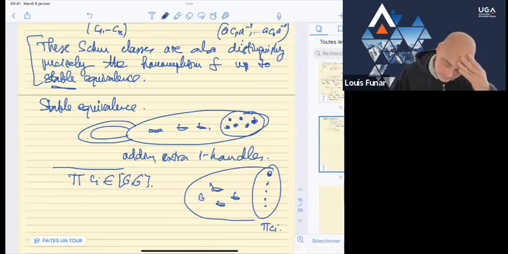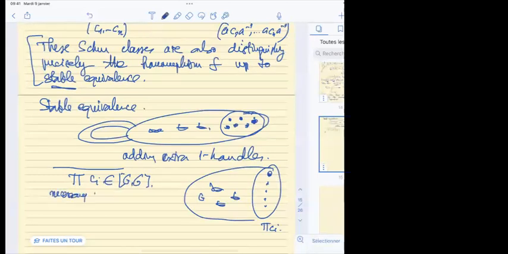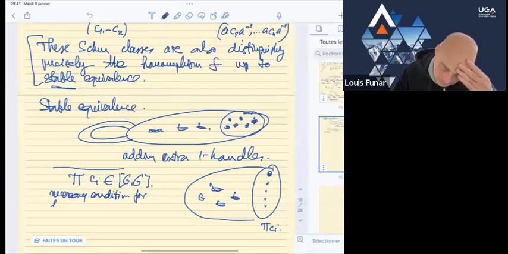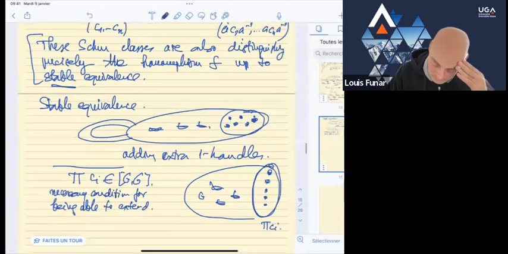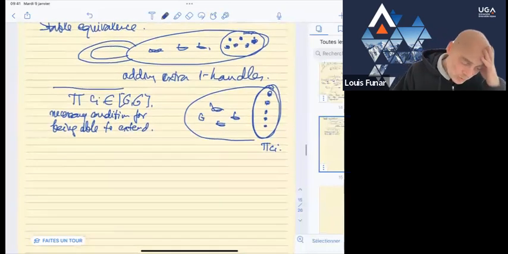Okay, so this is a necessary condition for being able to extend the map from the fundamental group of the disk with points to some closed surface.